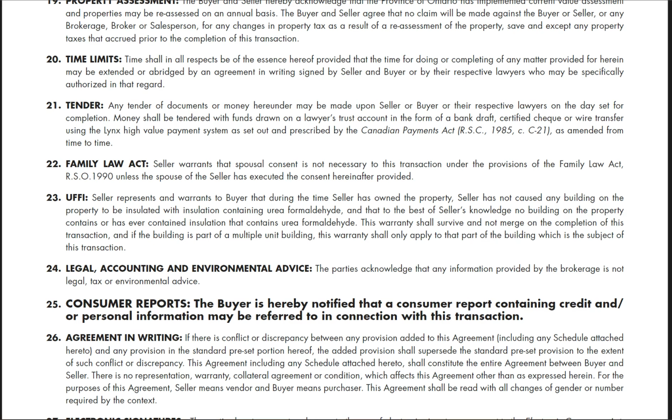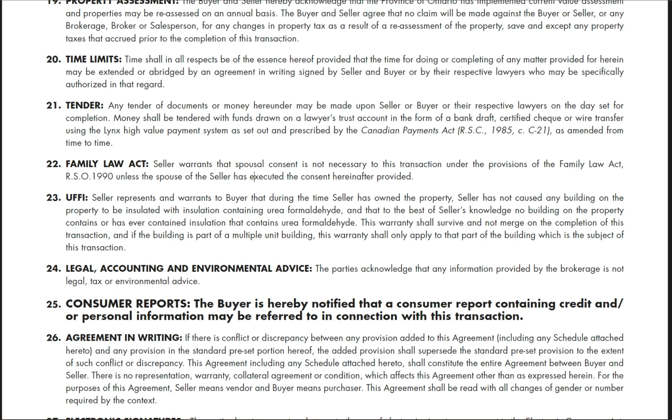Well, since the warranty survives closing, the buyer can sue the seller for misrepresentation if UFFI was present and not disclosed. If the buyer discovers UFFI after closing, they may request compensation, seek legal action, or check their home insurance and financing policies, as companies may refuse coverage.